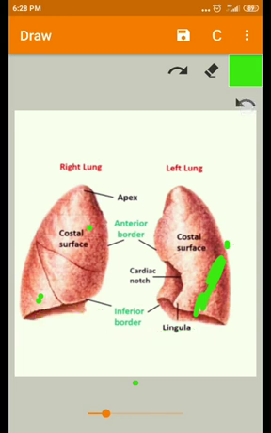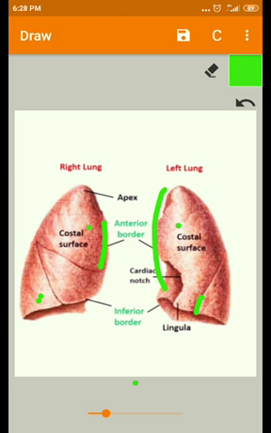In the next video we are going to see the medial surface of the right lung and the medial surface of the left lung. I have told that some impressions are present on the medial side of the right lung and the left lung, and also the hilum, that is the root of the lung, which has a pulmonary ligament.